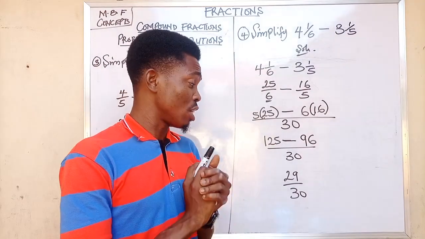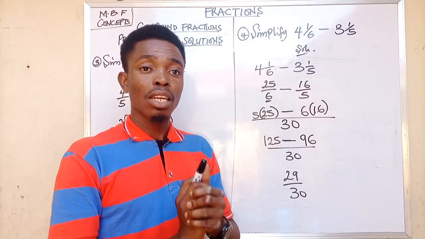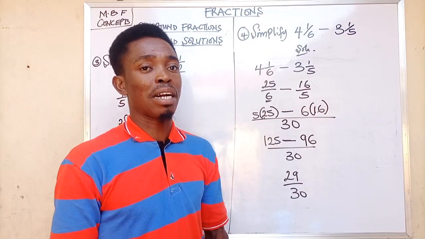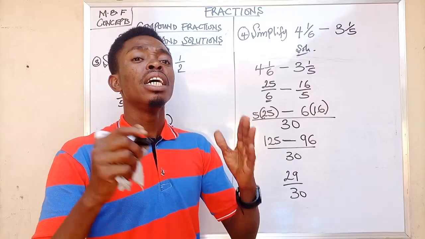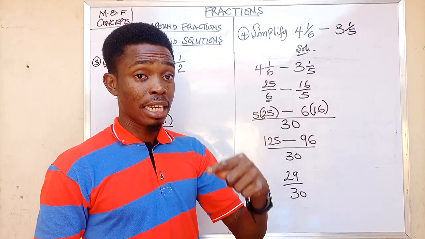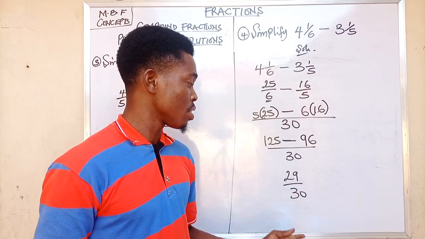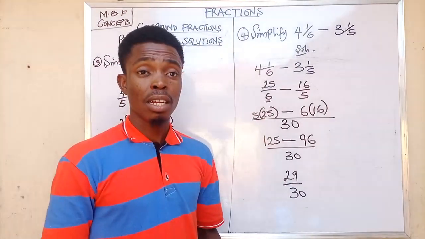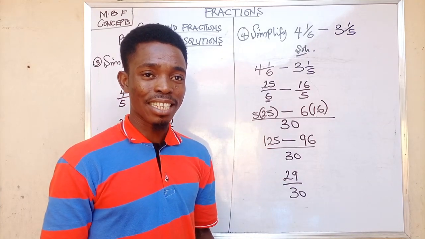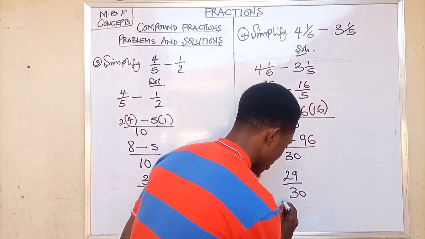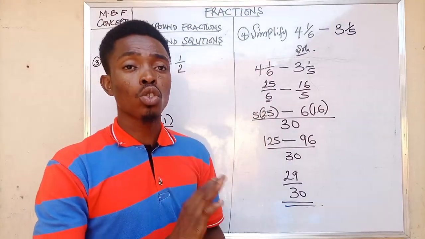In other words, 29 and 30 has no common factor. So the next thing we check out for is if the denominator is greater than the numerator. If the denominator is greater than the numerator, then we are done with this subject. Of course, 30 is greater than what? 29. Hence, this is a proper fraction and this marks it good. This is the answer to this particular question.